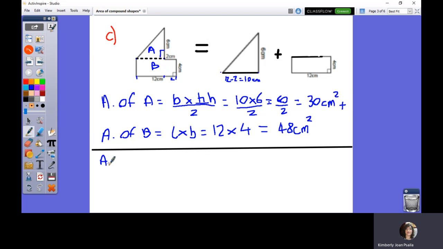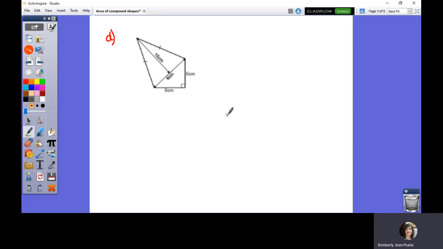So area of compound shape is equal to 30 plus 48, which is equal to 78 centimeters squared. And there you have your final answer.